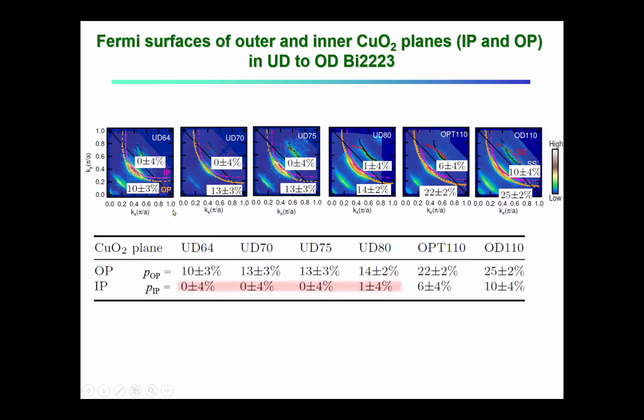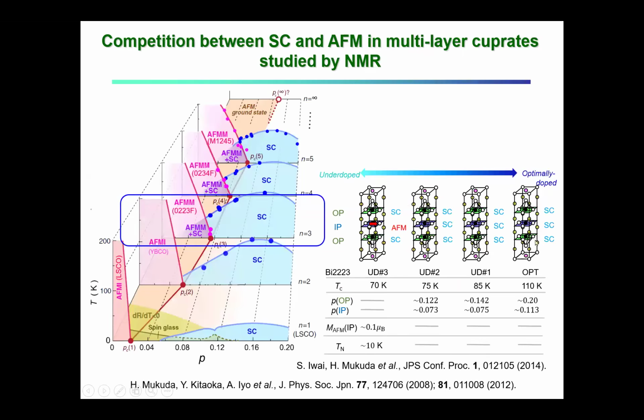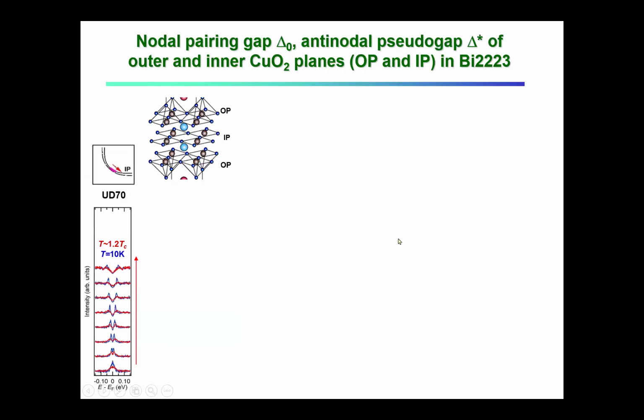So we extrapolate this region to the anti-node region, where the pseudo gap completely obscures the Fermi surface. So this corresponds to the weakness of the antiferromagnetic ordering.